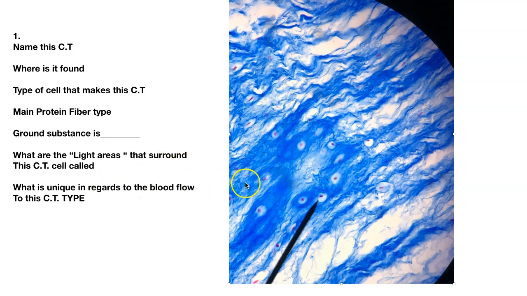And what are these light areas? See these light spaces around the nuclei of this cell? What are these white spaces called?